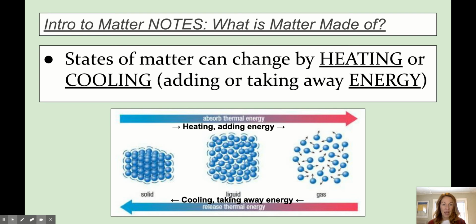Now, you can go the other direction. A gas can turn into a liquid. For example, condensation is what it's called. On a really hot day you have a cold glass of water and you put it on the table, and then you pick up the glass and there's a ring on the table.